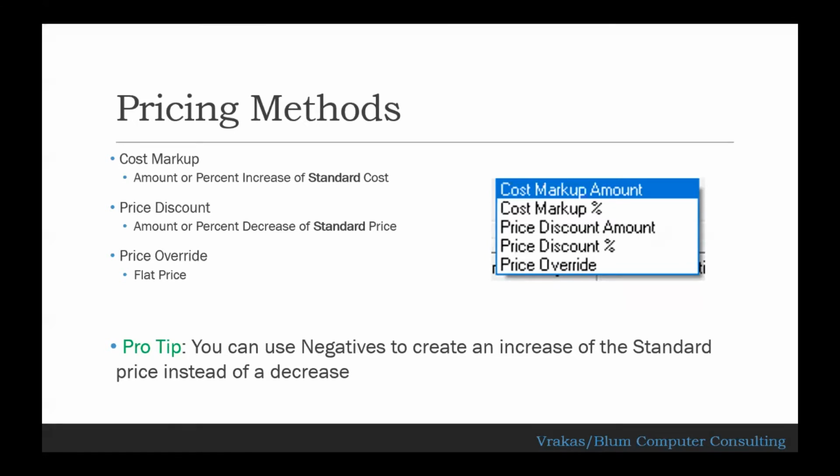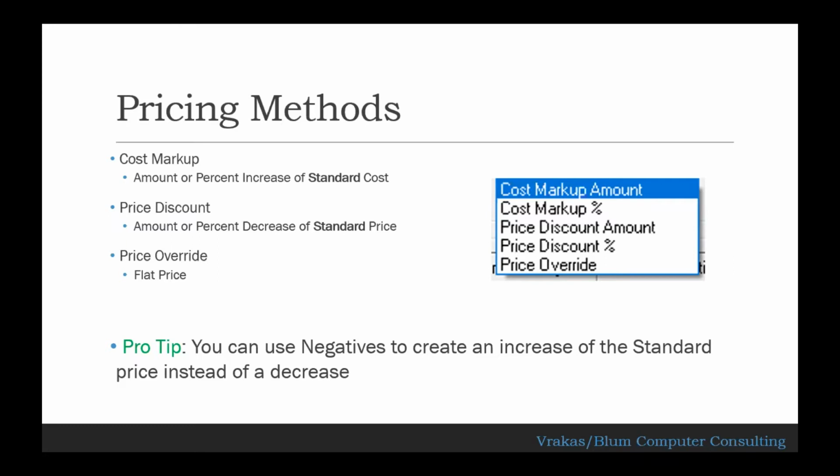One interesting thing to note here is that we can use negatives to create an increase of the standard price instead of a decrease. So if we wanted to do a price discount that would actually increase off the standard price, it's basically a negative discount amount. So we're reversing it and it's an increase.